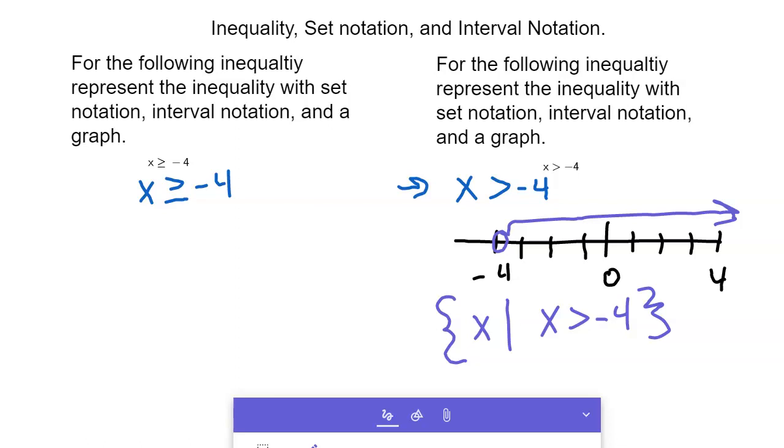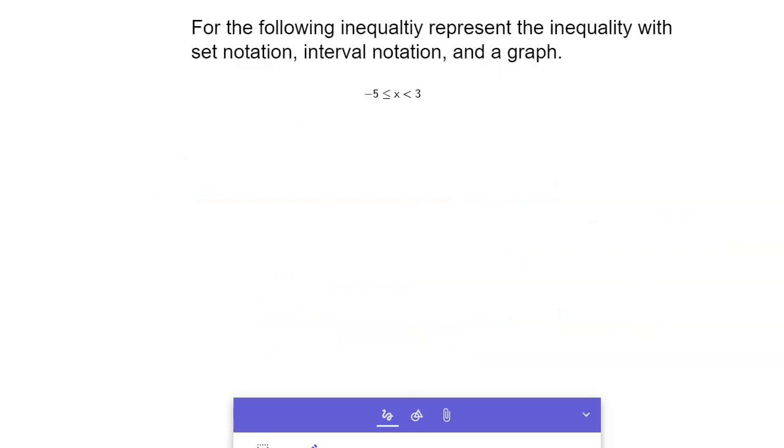That's the only difference, really. And then for interval notation, we don't include the negative 4, so it's a soft bracket, and we go all the way to positive infinity with another soft bracket. So there's the interval notation for that. All right, next problem. So at this point, you might have this figured out.